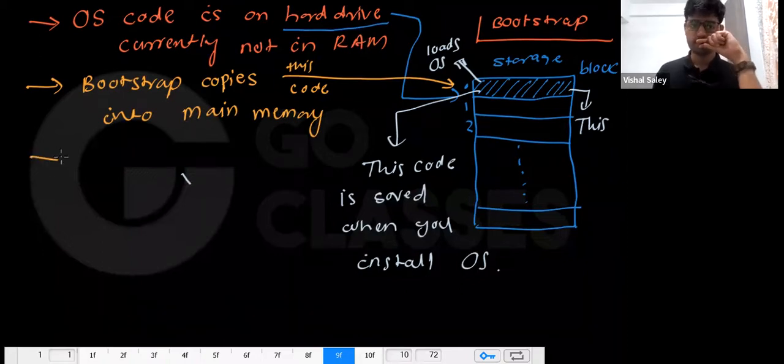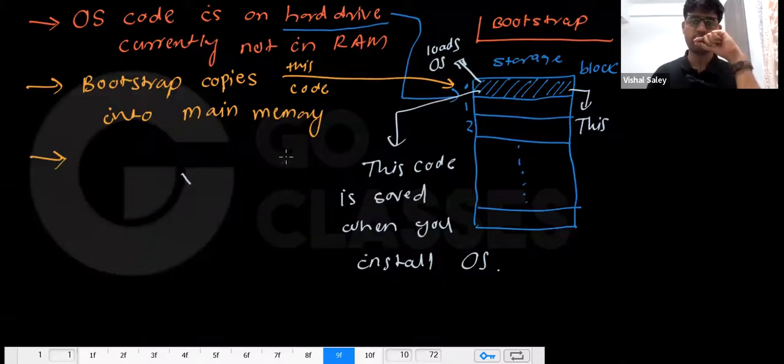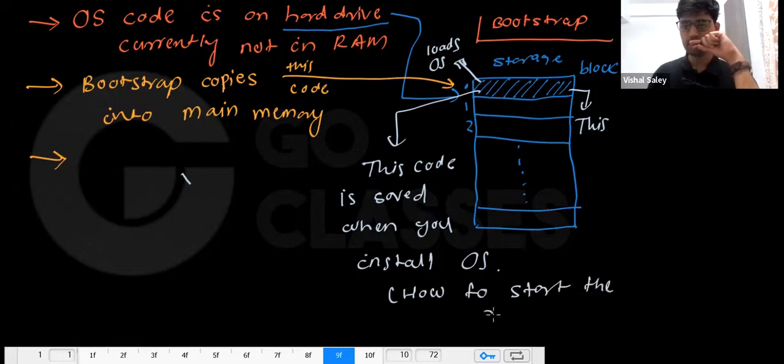Then this code knows how to load the operating system into the memory. It knows how to start the operating system, and again it knows this because whoever developed the operating system has written this code. So they know how to start the operating system.